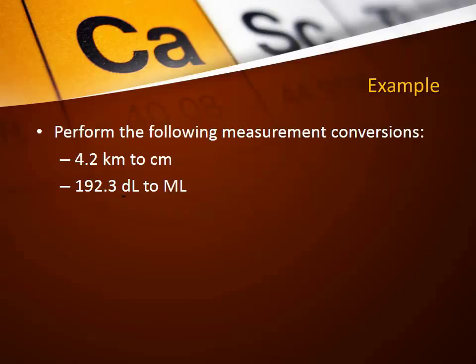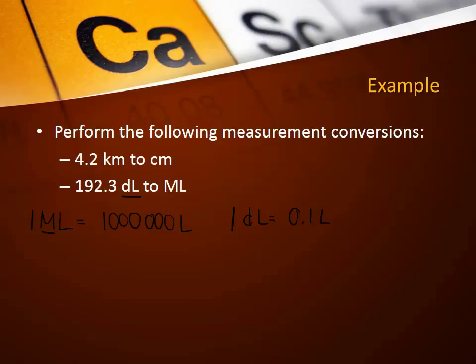Let's try the second one. We have deciliters to megaliters. Well, we know that 1 megaliter is equal to 1 million liters, because that's what the actual prefix for mega means. And I know that 1 deciliter equals 0.1 liter.